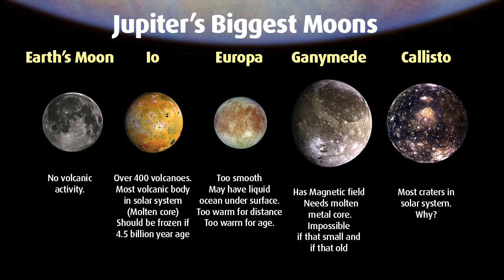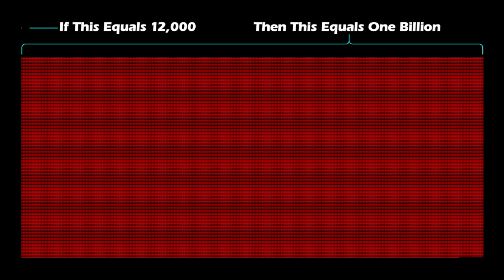And Callisto has the most craters in the solar system. Now, all of those four orbit the same planet. They should have roughly the same number of craters, but Callisto has way more craters than the other moons, and we don't know why. Remember the difference in time scales.